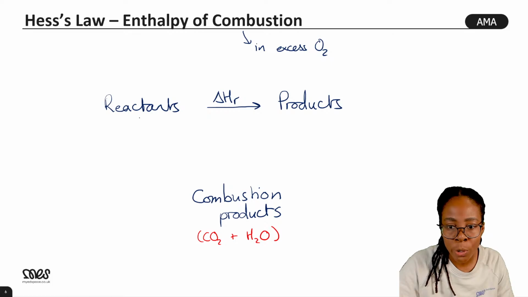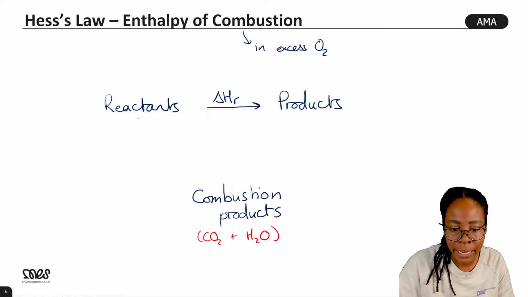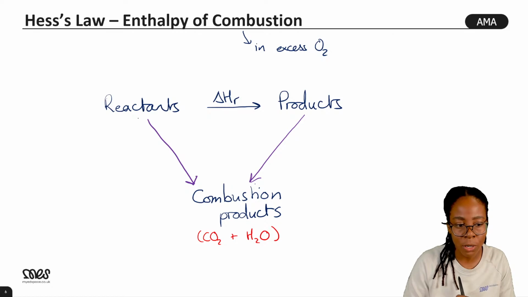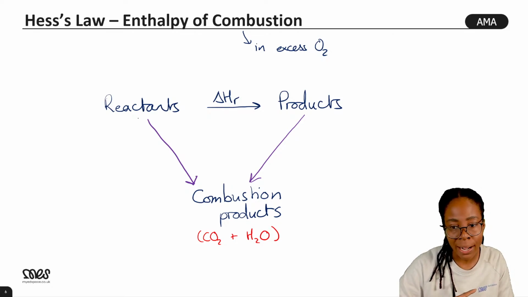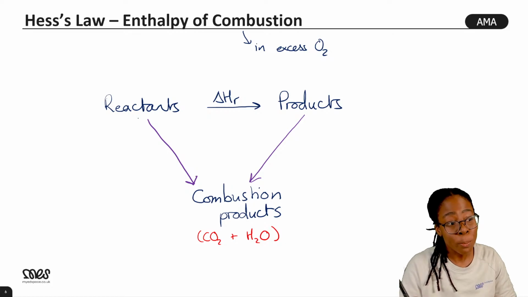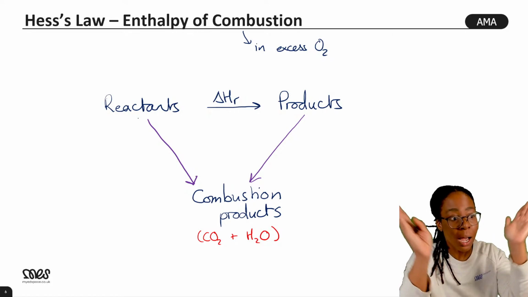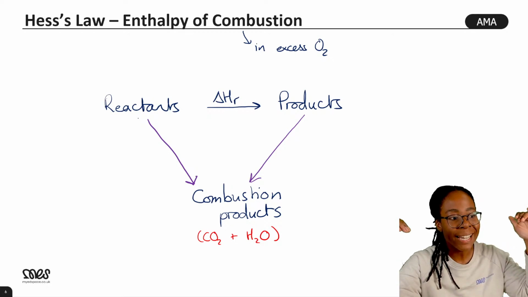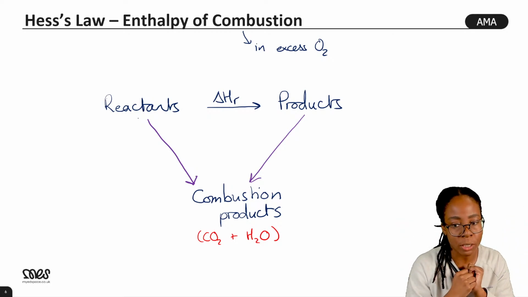So that means we're going from our reactants burning in excess oxygen to give us our combustion products. And then same here, we'll take our products, burn them in excess oxygen to give our combustion products. So it's the opposite way round to formation. For formation, it was from the elements up to the substance. For combustion, it's from the substance down to the combustion products.